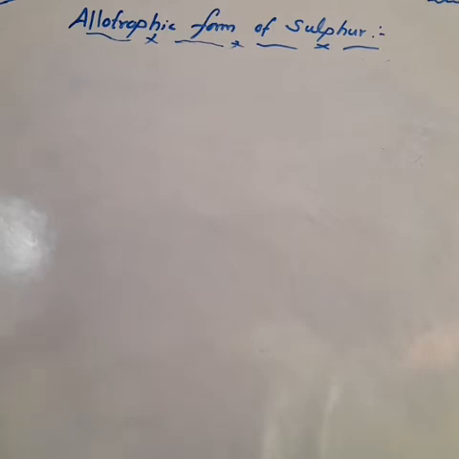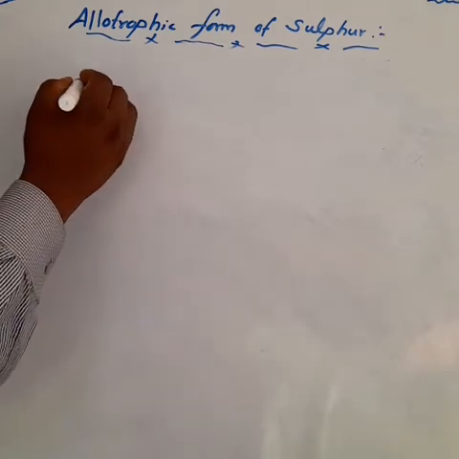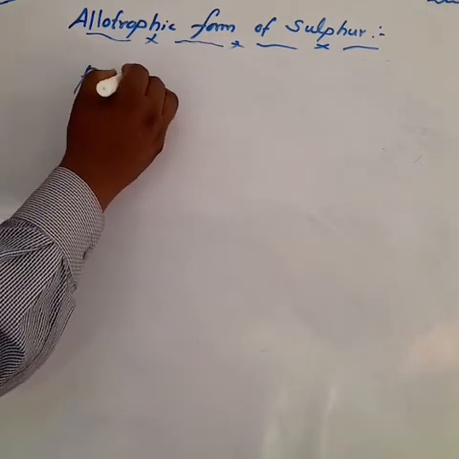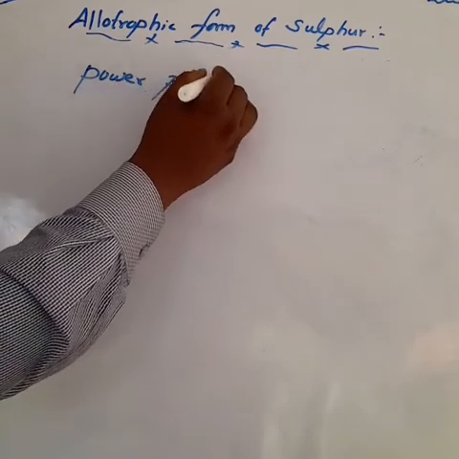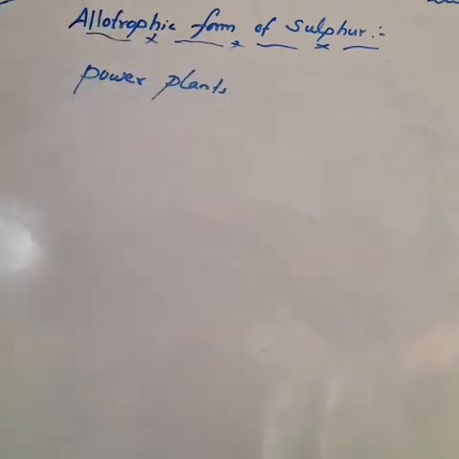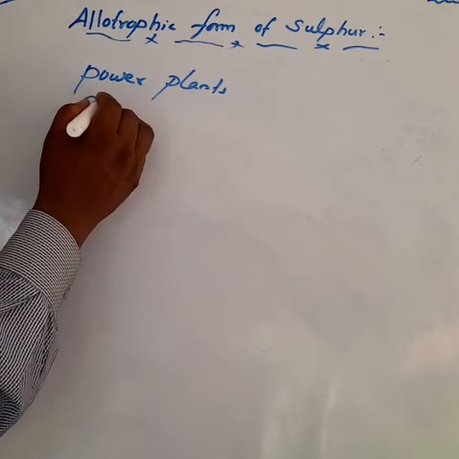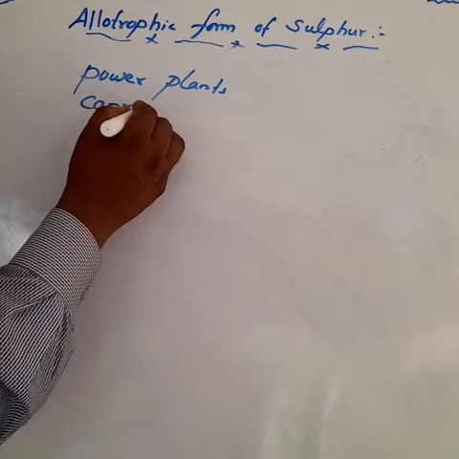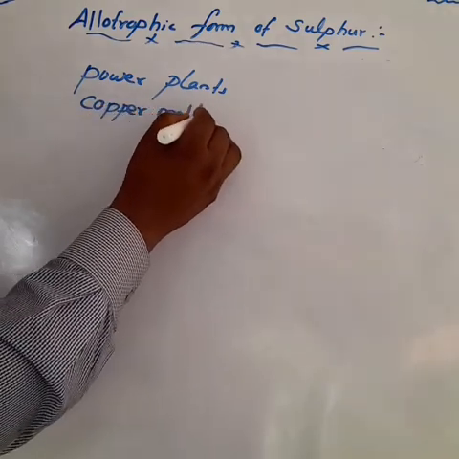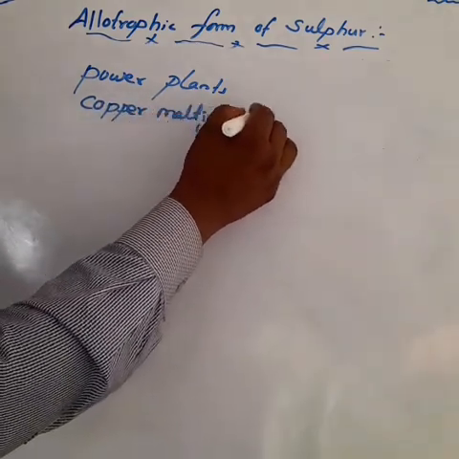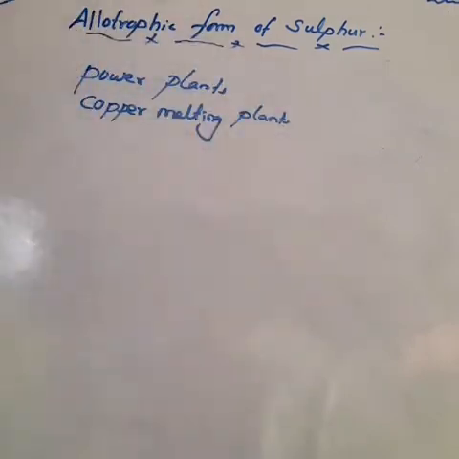A large amount of sulfur dioxide gas is released from the power plants that are using coal and oil, and also one more plant, the copper melting plant. One is from power plants, where a large amount of sulfur dioxide gas evolves, and also the copper melting plants are producing what? Sulfur dioxide gas.